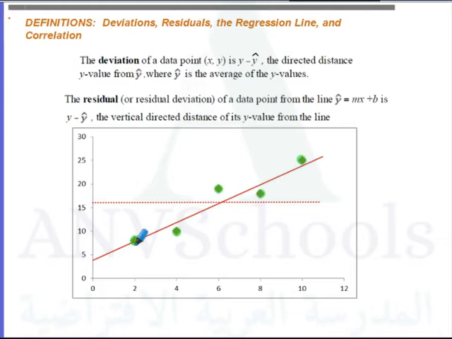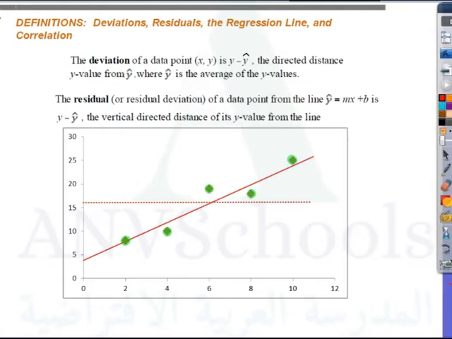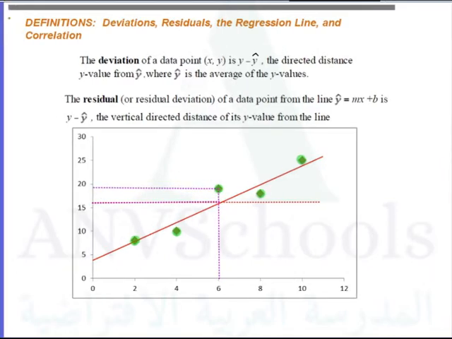Okay? So after regression, let's take a particular data point. This is our specific data point, for example. Okay, this one, and then this is the mean value, and this is the y. So our y is equal to this, right?